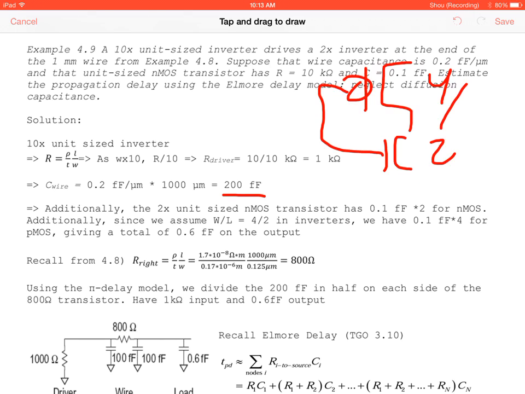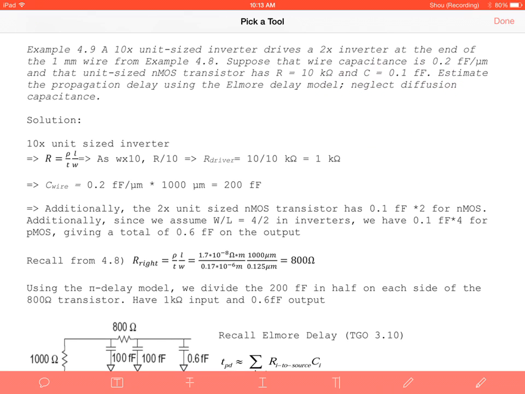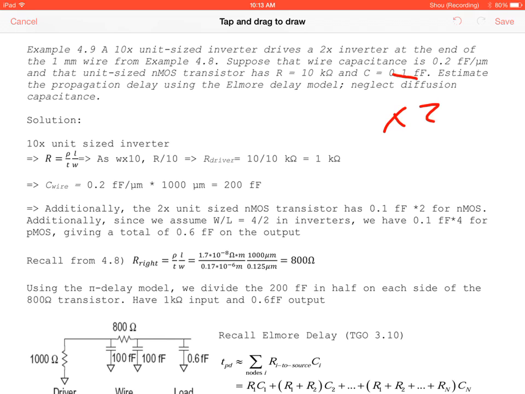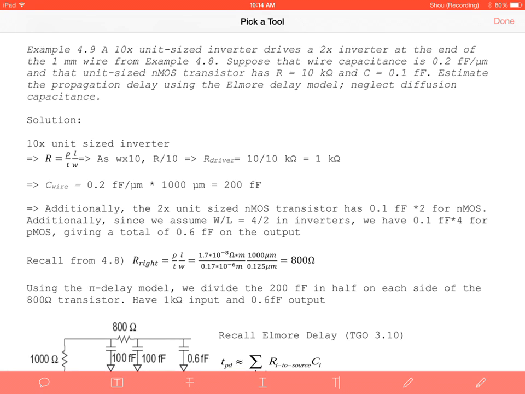So we have 1 femtofarad for your unit size NMOS transistor times 2, and because we also have PMOS in there, it's multiplied times 6. So our input capacitance of this unit 2 inverter is going to be 0.6 femtofarads.